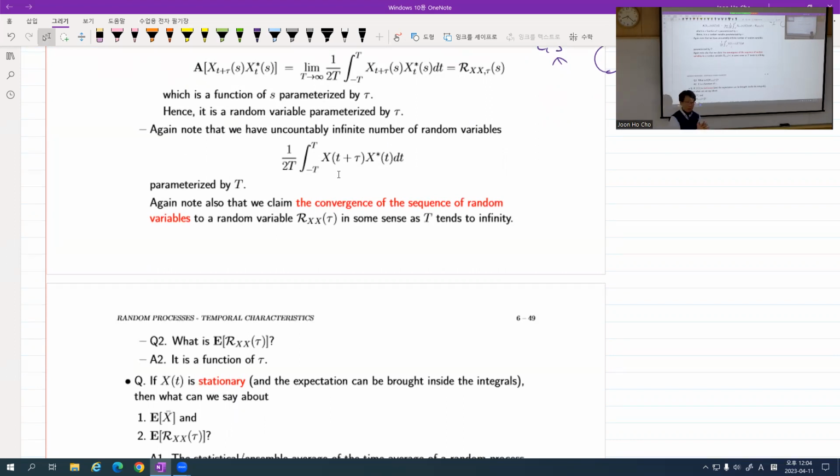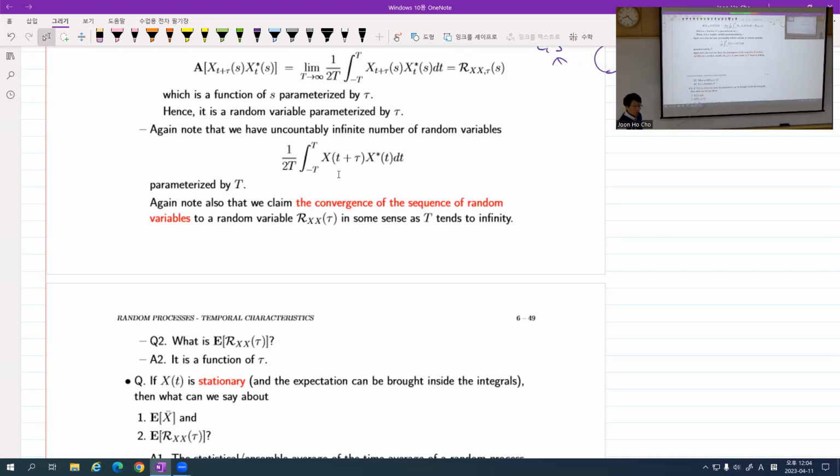Because we shifted the time origin, but the statistical property of a random process does not change at whatever order. The nth order joint PMF or millionth order PMF does not change if you change the time origin. That is the definition of stationarity.